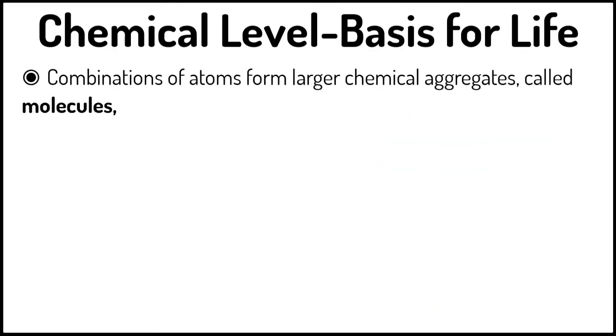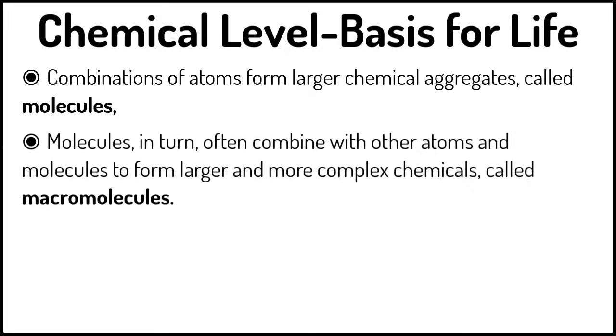Combinations of atoms form larger chemical aggregates called molecules. Molecules in turn often combine with other atoms and molecules to form larger and more complex chemicals called macromolecules.